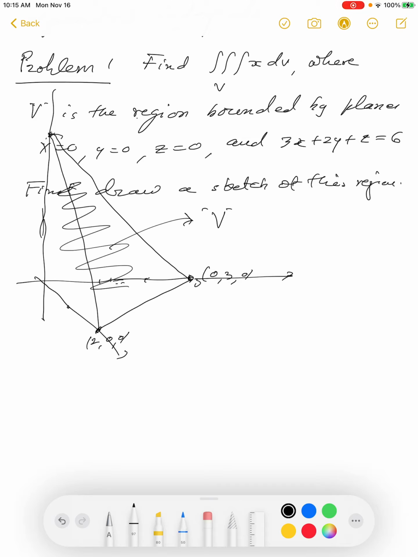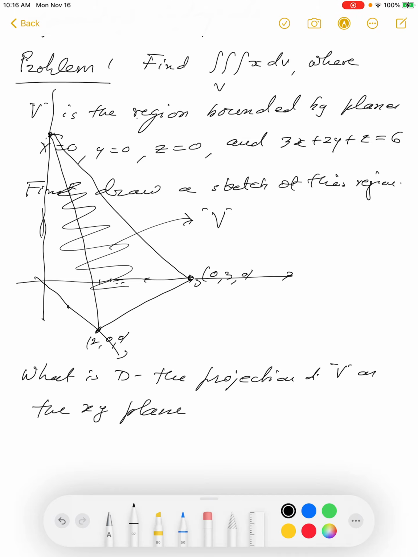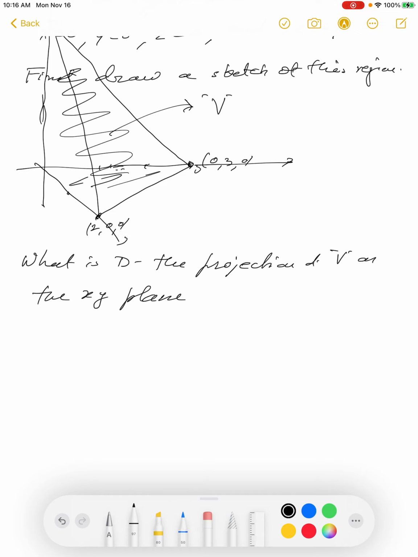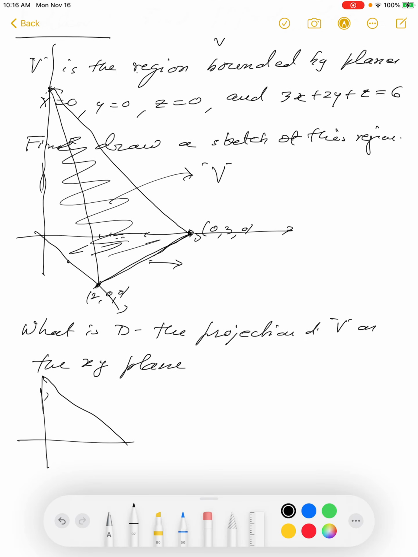So first thing is you want to understand the projection. So what is D? The projection of V on the xy plane. That's going to be a triangle, as you can see. What's the equation of the line which is this edge? Your equation of the plane is 3x plus 2y plus z equal to 6. So you put z equal to 0. So this line is 3x plus 2y equal to 6.